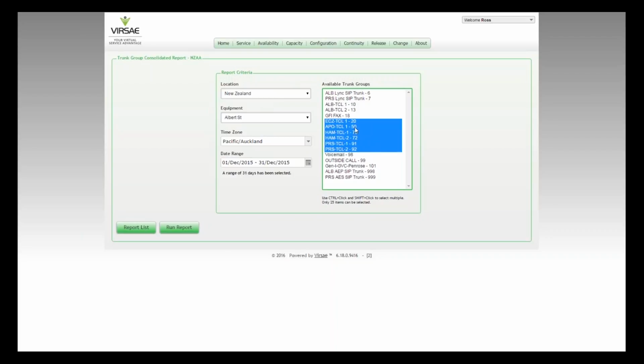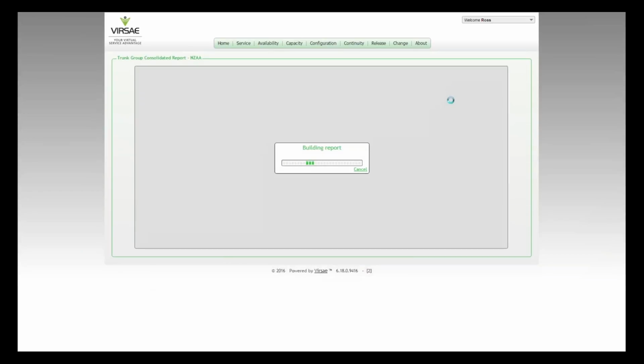The scenario is the media gateways at these 4 different sites are going to be discontinued. They're only there for the delivery of trunk traffic, and that trunk traffic is going to be converted into a SIP delivery and delivered via data centres. So very, very common. So I'm going to take all of those particular trunk groups there.